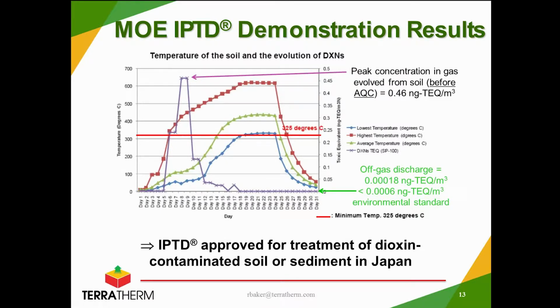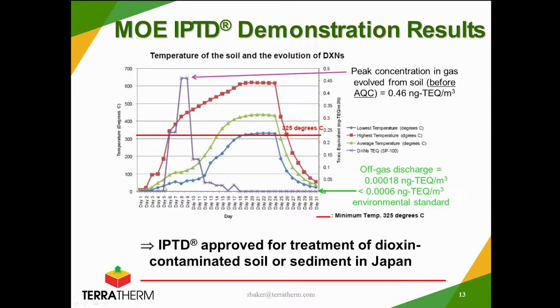And again, it varies because the highest temperatures are closer to the heaters and the lowest temperatures are in between the heaters. It's evident that the lowest temperature locations did get up to the target temperature of 325, while the highest temperatures close to the heaters were close to 600 C.